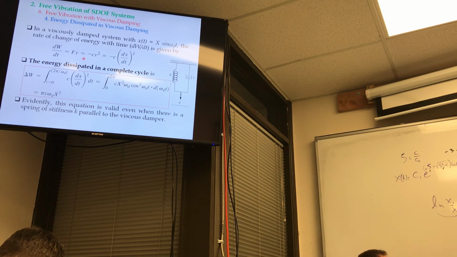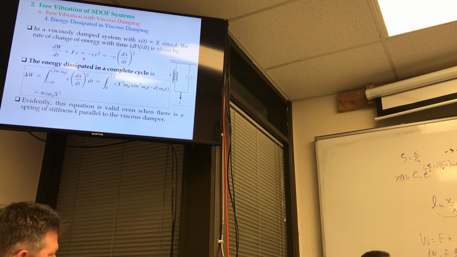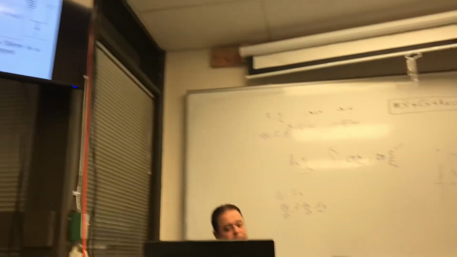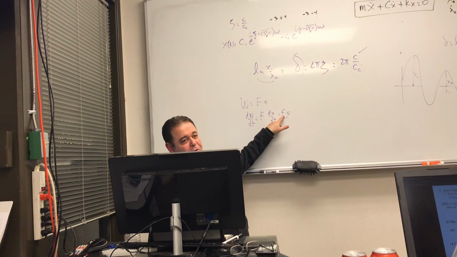And remember what work is? Work is force times distance in general. That means power, if you will, is dW over dt, equal to force times dx over dt, or in general, force times velocity. But we already know this force is proportional to the velocity.